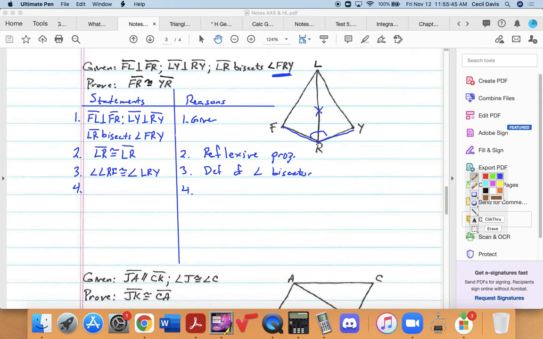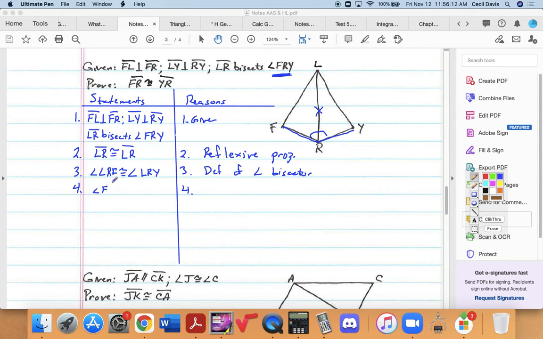Do I have enough to prove the triangles congruent yet? Not yet. What else can we do here? Yes, Micah. Good.